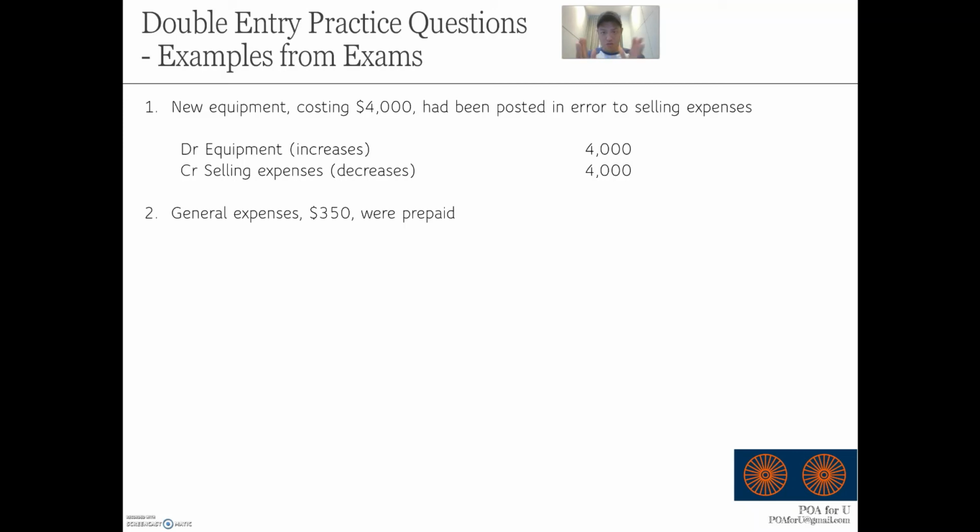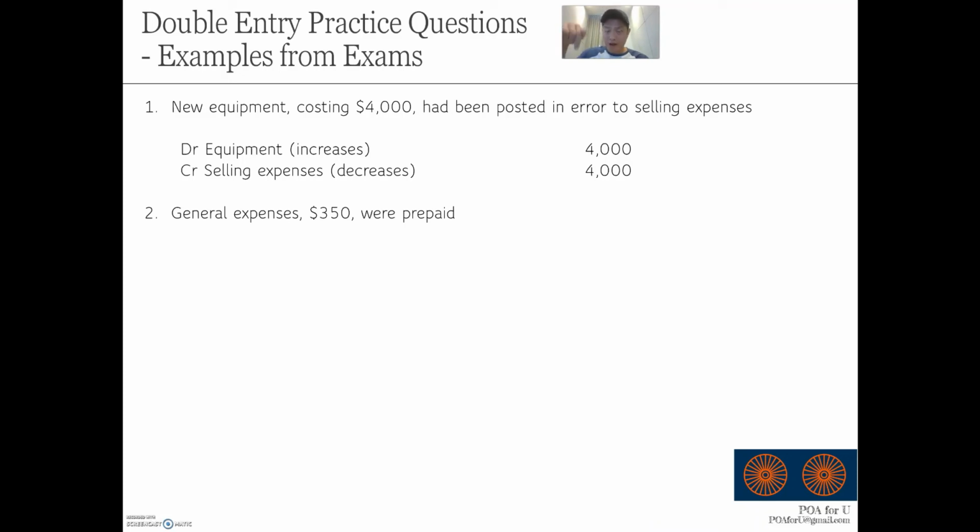So you need to debit prepaid general expenses, because what you are hearing is you have to recognize higher prepayments, because there was just this new $350 that was prepaid for general expenses. Prepaid anything is debit in nature, so you would have to debit prepaid general expenses to recognize this transaction.